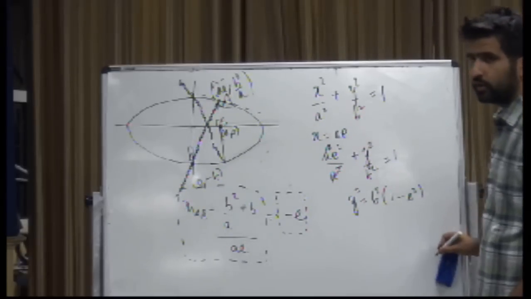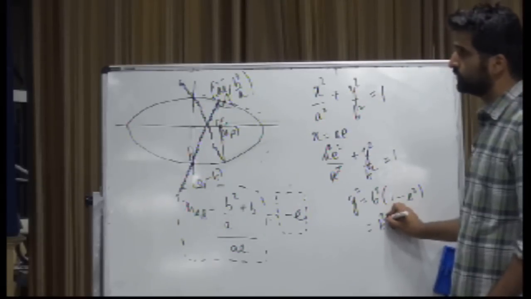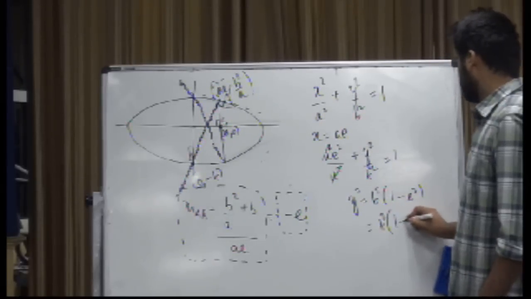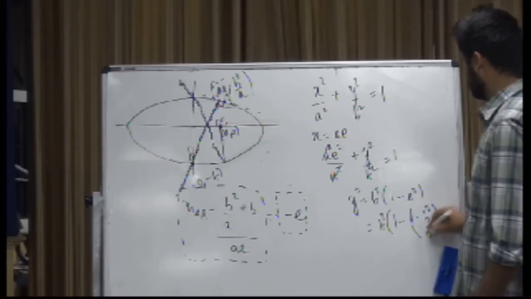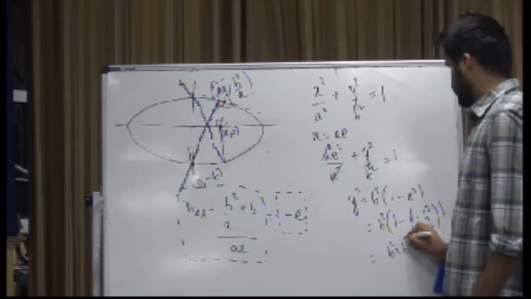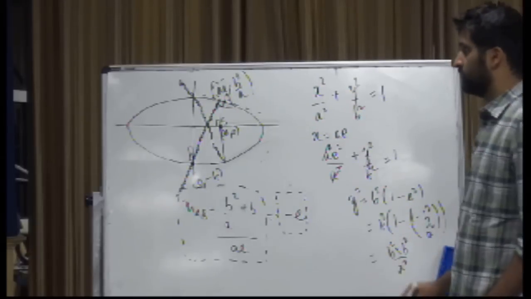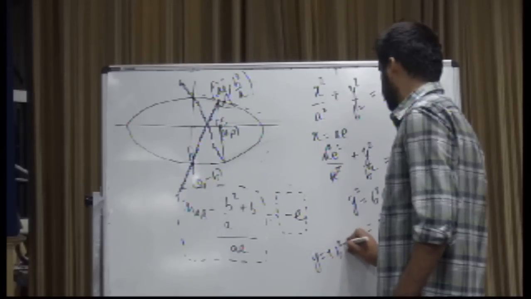If you put the value of e square, that is equal to 1 minus b square upon a square, so that means b square into b square upon a square. So y is equal to plus minus b square upon a.